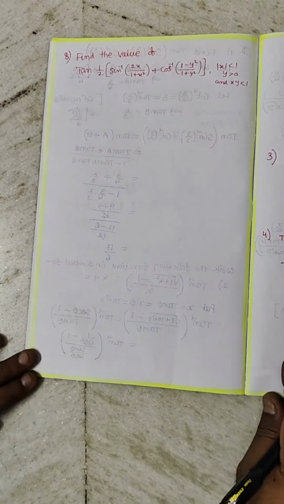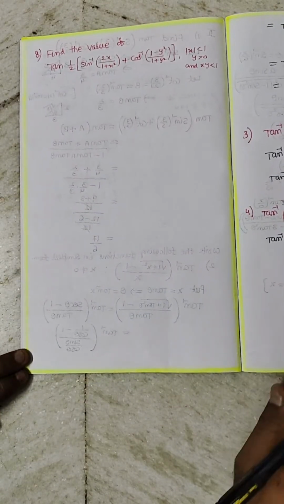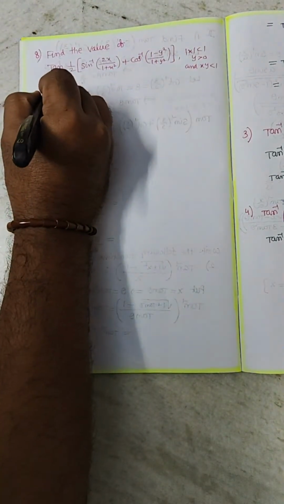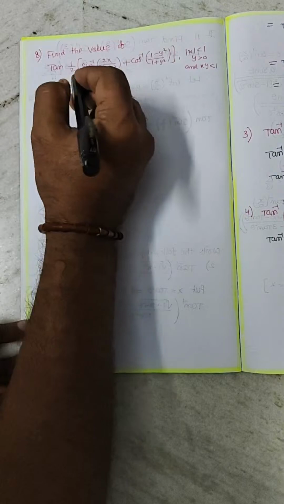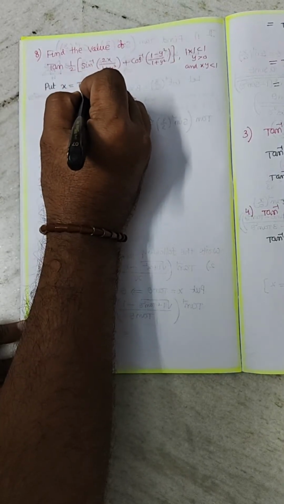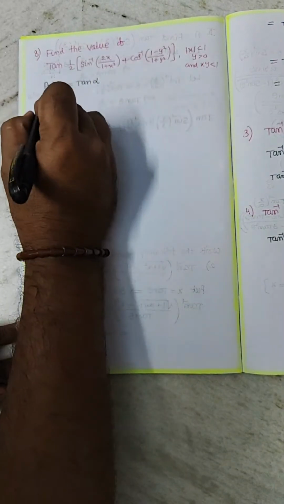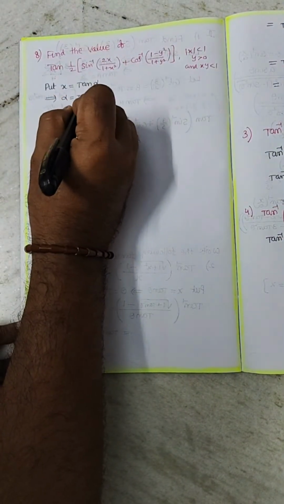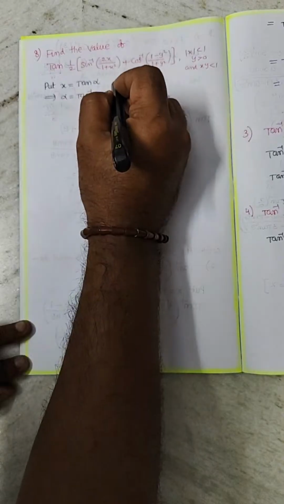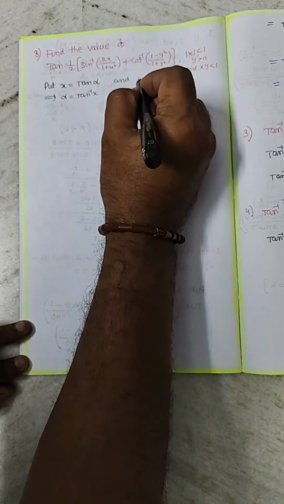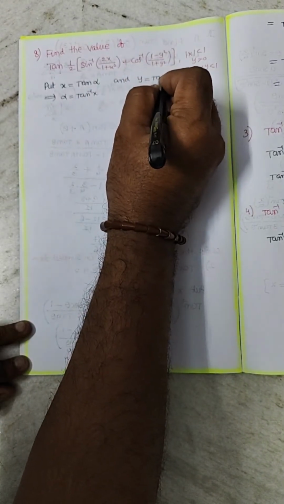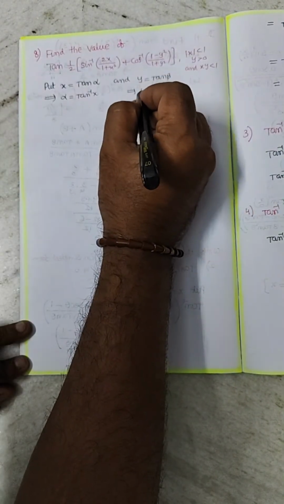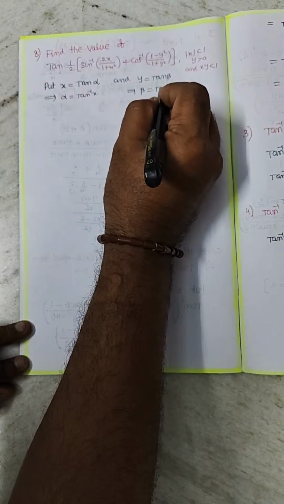So to solve this type of problem, it is a good question conceptually. Put x is equal to tan alpha, that implies alpha is equal to tan inverse of x, and y is equal to tan beta, that implies beta is equal to tan inverse of y.